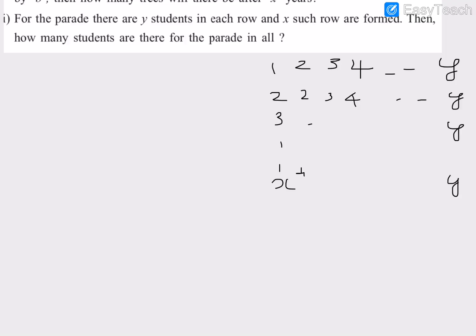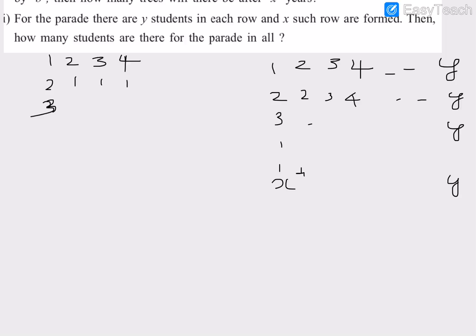Before to understand this problem, let us assume there are 4 students in a row. So 1, 2, 3, 4 students in a row, and likewise 3 rows are there, that is the first row, the second row, third row. So 3 rows are there and 4 students in each row.